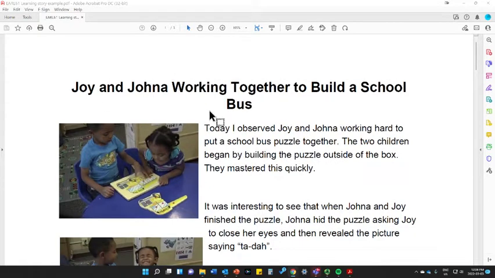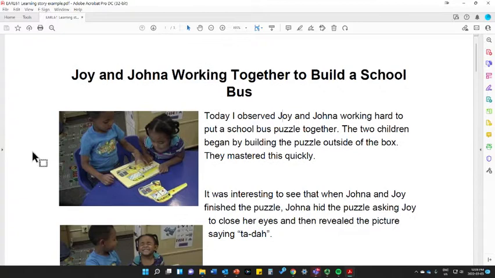This is a Word document where the pictures were inserted into there as well. We have the title, okay? Joy and Jonah working together to build a school bus, right? You can call it whatever you want. And then she talks about what was happening here. I observed. Okay, so that's where we want to look at it for this one.